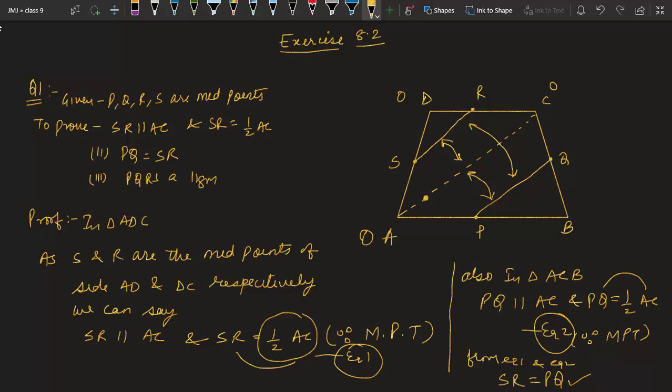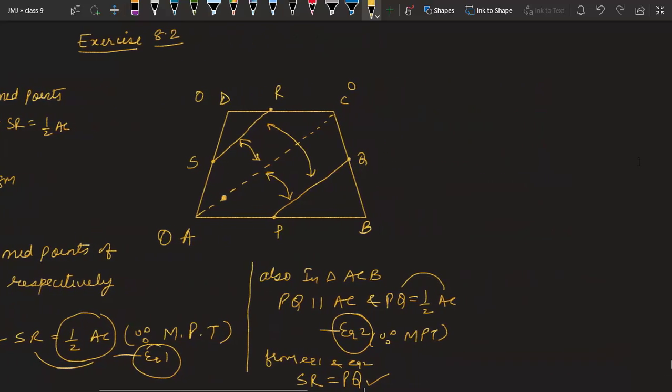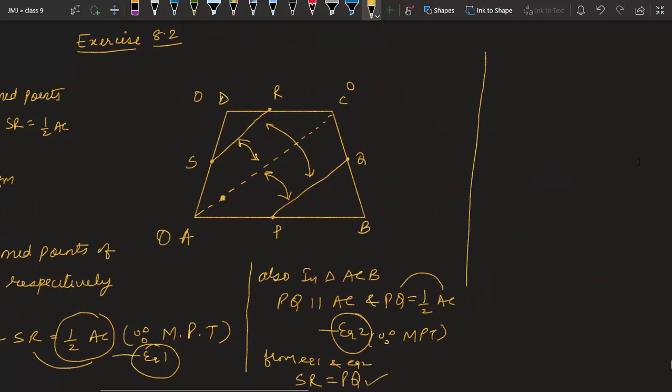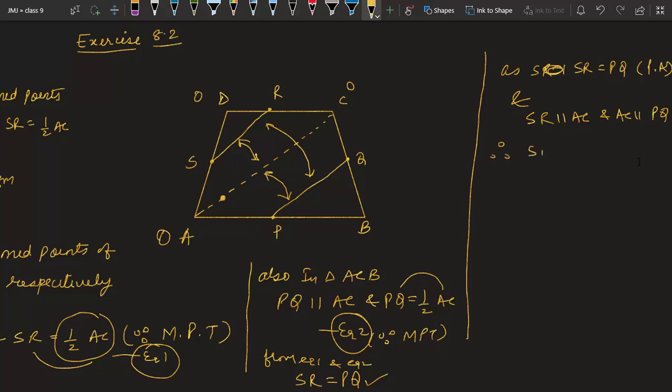Again, very easy to prove, because whatever we have done till now, that only will help us to prove it a parallelogram. We all know a quadrilateral is a parallelogram if one pair of opposite sides is equal as well as parallel. And we know SR is equal to PQ, that we have proved above. So SR is parallel to AC and AC is parallel to PQ, we can say SR is parallel to PQ.